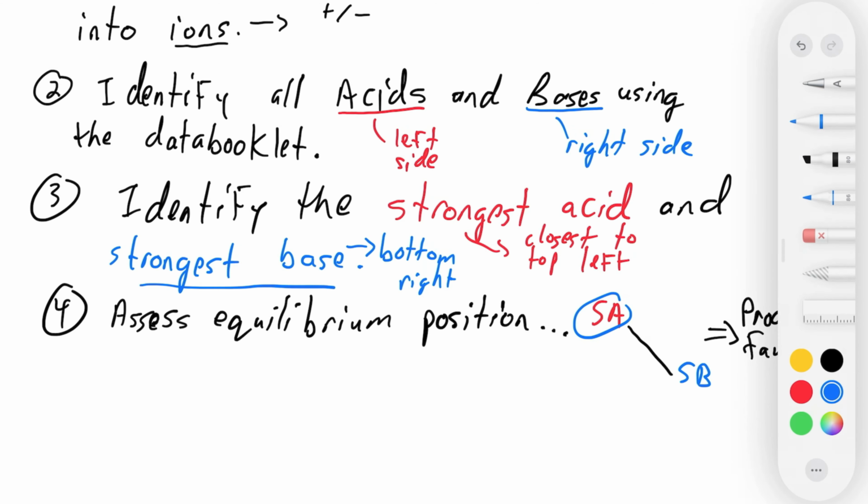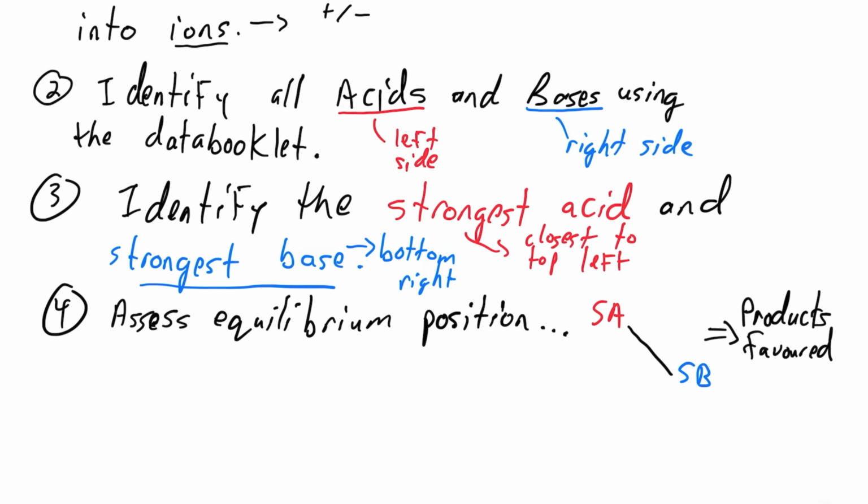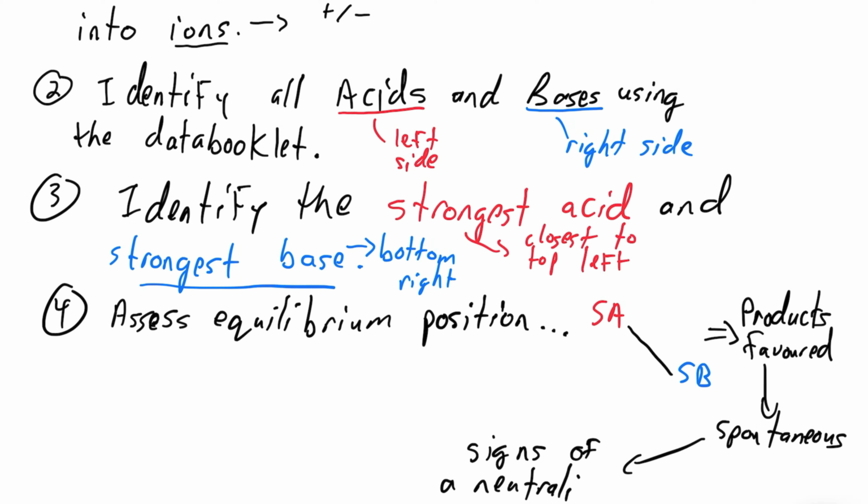Then we assess the equilibrium position. And it's similar to spontaneity, where we see if the oxidizing agent is above the reducing agent. This time, we're going to see if the strongest acid of all the entities is above the strongest base. And if that's the case, then the reaction is spontaneous, the products are favored, and you would actually see some sort of signs of neutralization taking place.